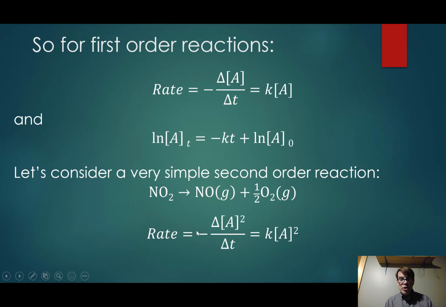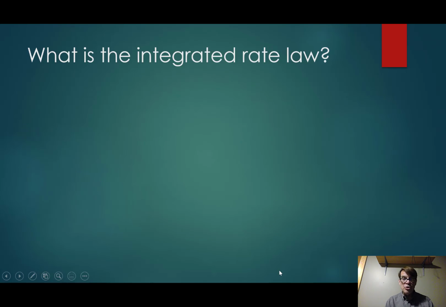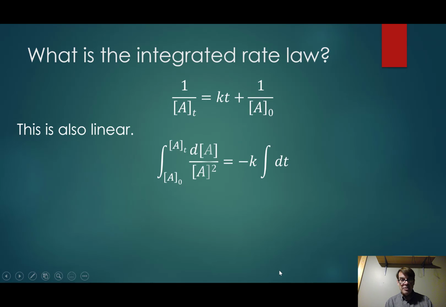So if I'm going to integrate, first of all, let's get rid of the deltas and make them instantaneous, because the deltas involve averages. So that ends up with, in calculus, negative d[A]/dt equals k[A]^2, and so forth. So then I'm going to take the integral of both sides, but I'm going to shuffle some things around.